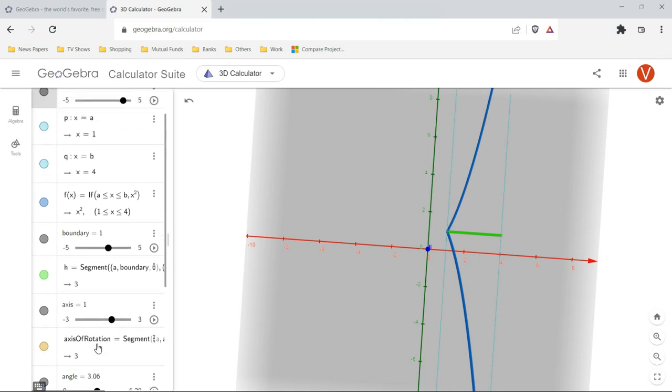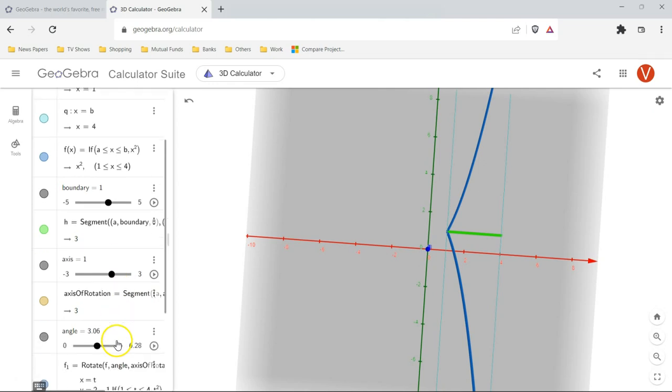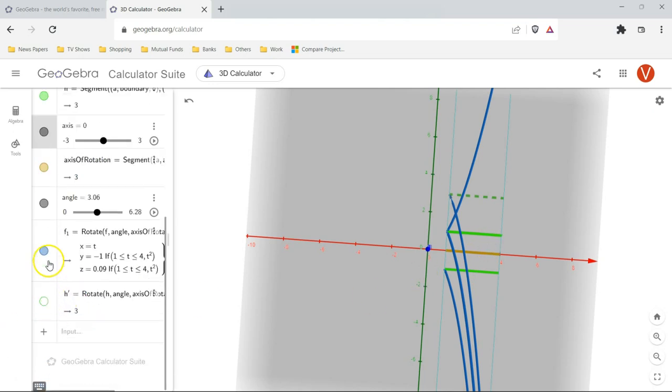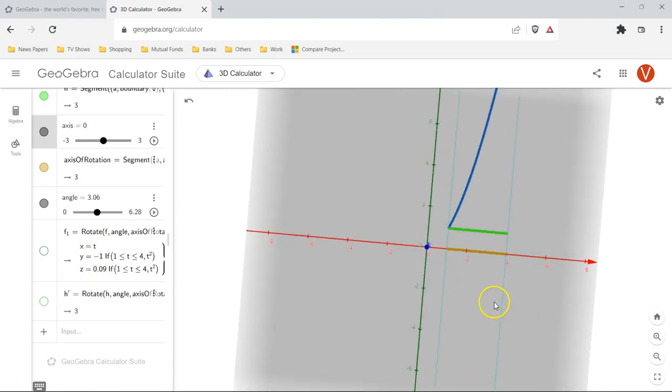Let's say axis of rotation is, yes, so let's take it like this. So our axis of rotation is the x-axis, but now you notice green bars we have two. Actually, if I ask it not to display the rotational, this is what we get.